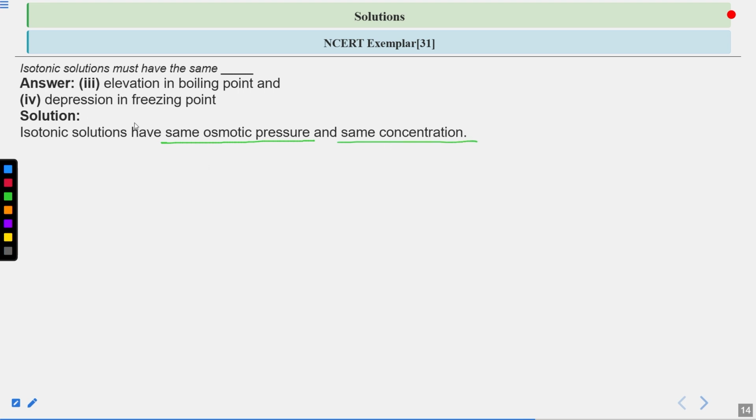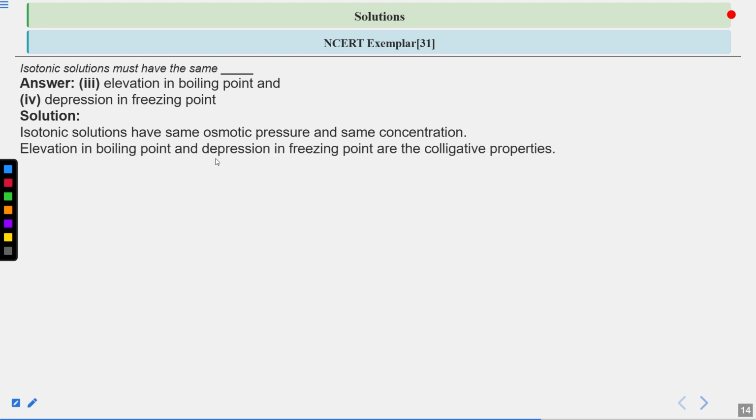This is important: iso means something is the same, so you can relate it to that. So isotonic solutions are solutions having the same osmotic pressure and the same concentration. Same osmotic pressure means that there will be no net movement of the solvent through the semi-permeable membrane.